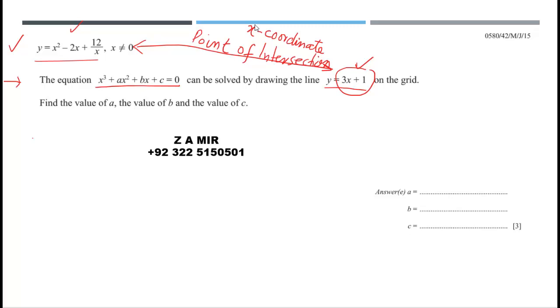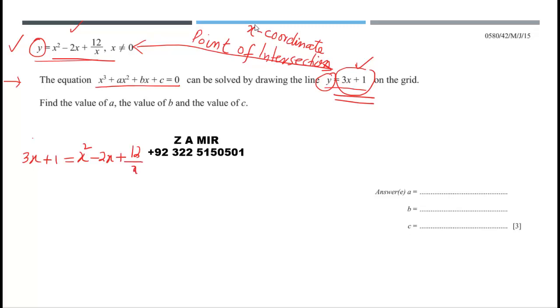Okay, student? And student, we can combine these two. Let me tell you. If we put this y, which is this one here, it will be 3x plus 1, which is equal to x square minus 2x plus 12 over x.